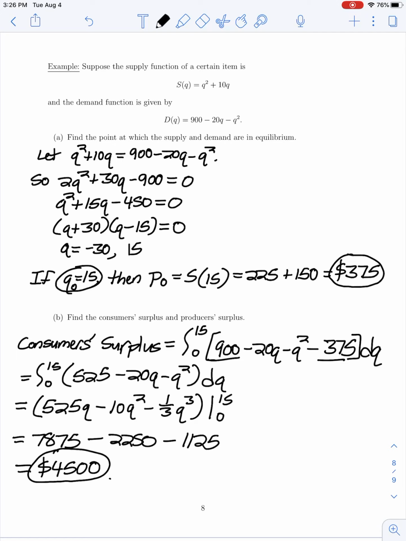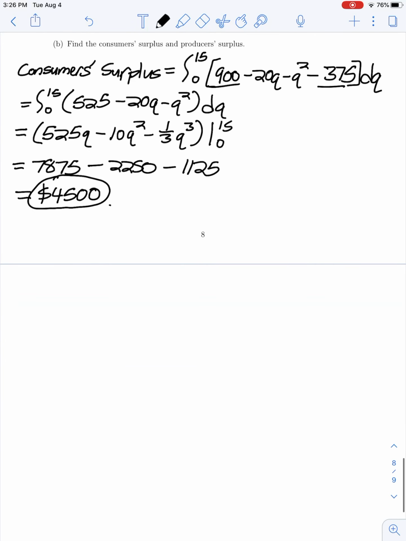All right. Now, the producer surplus is found by integrating over our interval from 0 to the equilibrium quantity, 15.